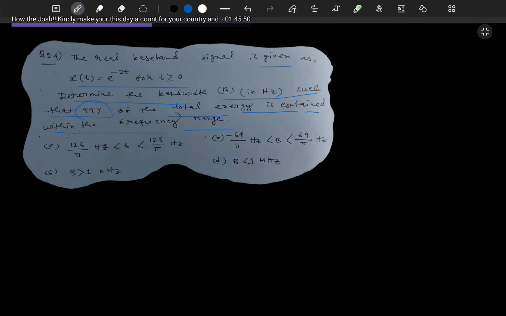So we need to find out the bandwidth, so that 99% of the total energy is contained within the frequency range. That is the bandwidth.